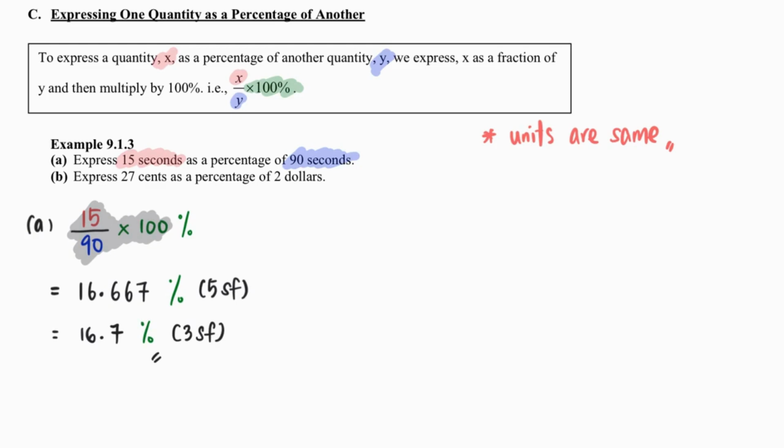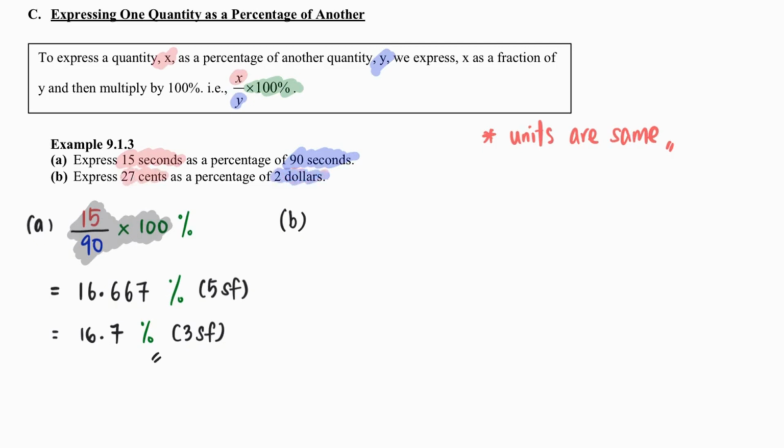Alright, and for part B, do take note that the units are different. One is in 27 cents and the other is in dollars. So 27 cents as a percentage of $2.